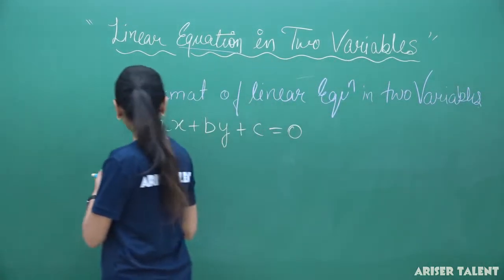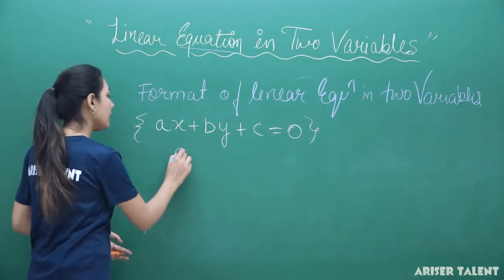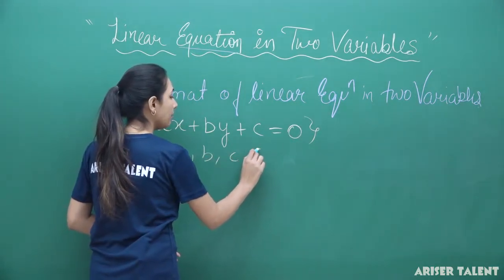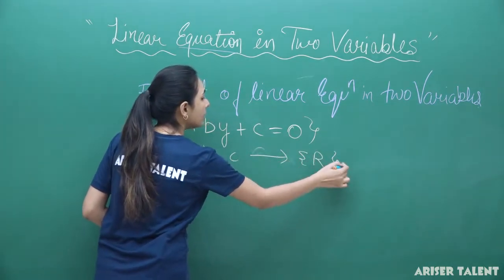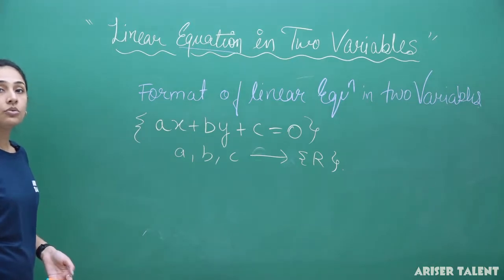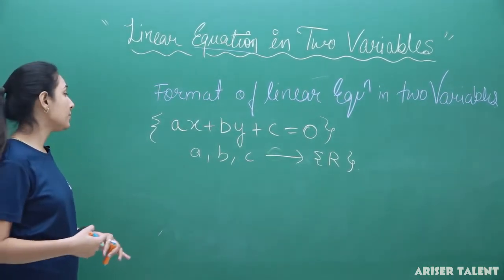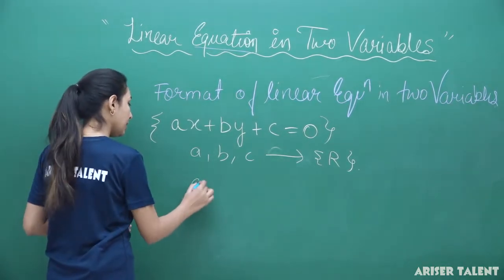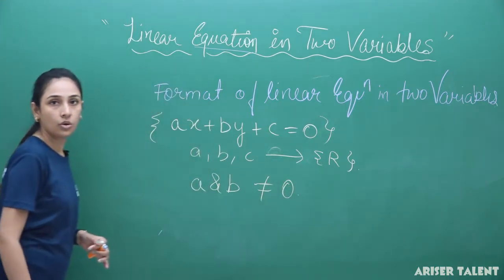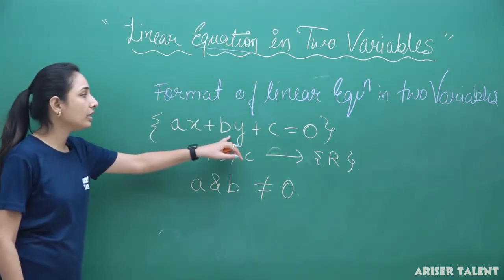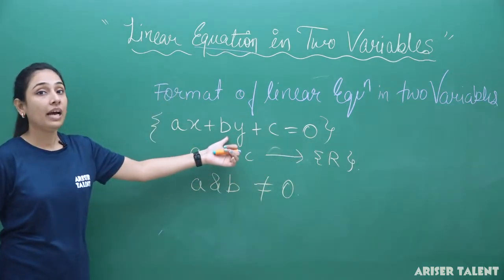This is the format in a condition where a, b and c belong to real numbers, and a and b are not equal to 0. Because if a is 0, then we only have y plus something equals 0, which is only one variable.